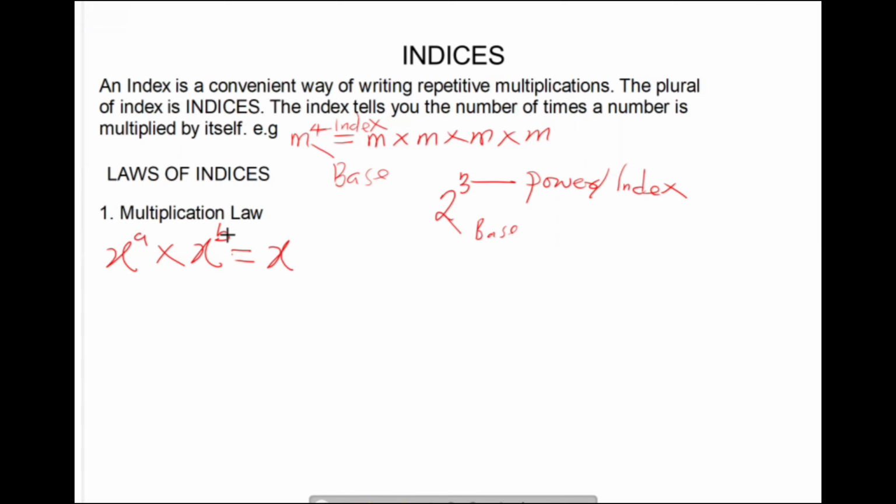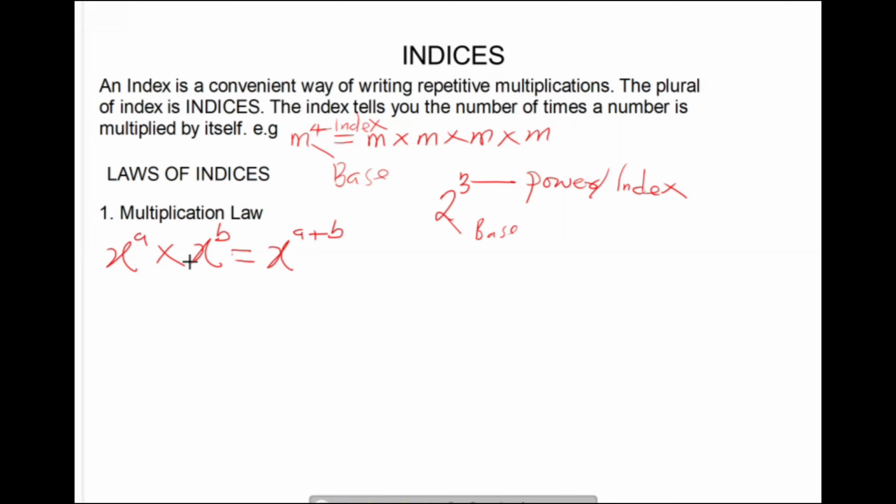The powers here are a and b, so when we add them, we say a plus b. So the multiplication law is saying that when you have two variables of either the same power or different power multiplying themselves, x raised to the power of a multiplied by x raised to the power of b, they have the same base. And since they have the same base, we can apply our multiplication law.